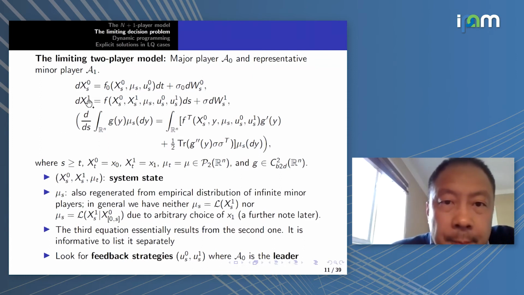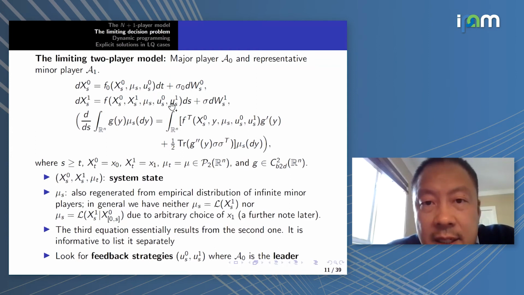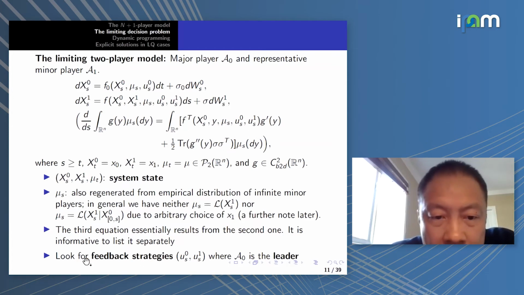At this point, we use the entries U^0_s and U^1_s. They are interpreted as strategies, so we want to look for some kind of feedback based on the system state here.